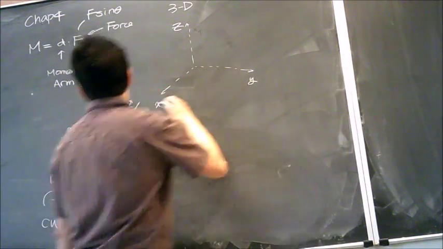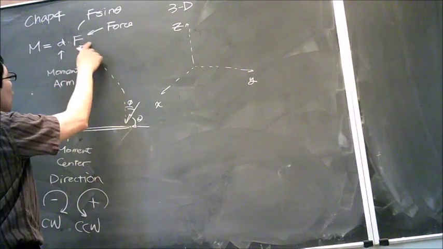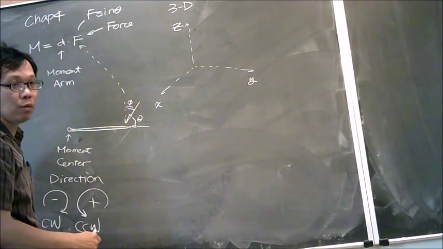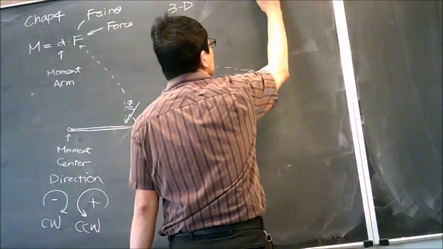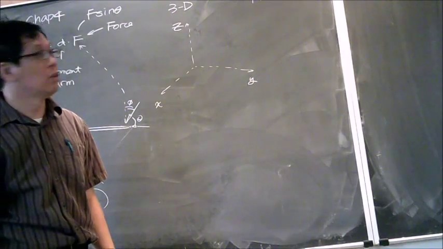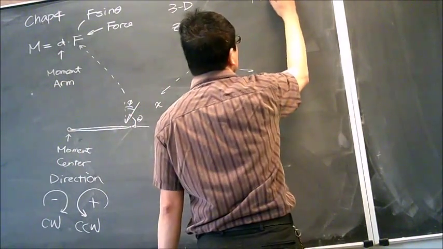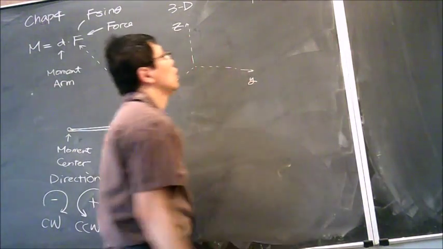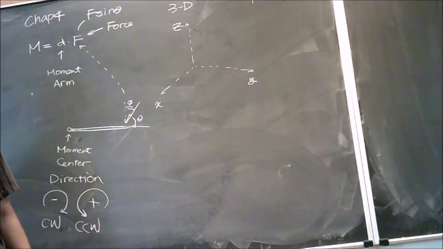One is the moment arm, the other one is force. When you have those two properties, it also implies that the moment is also a vector. So when this is a vector, you would need to use a formula like this.